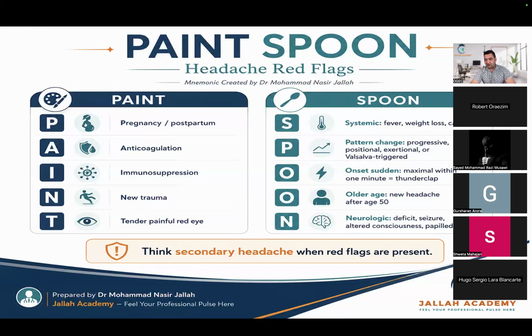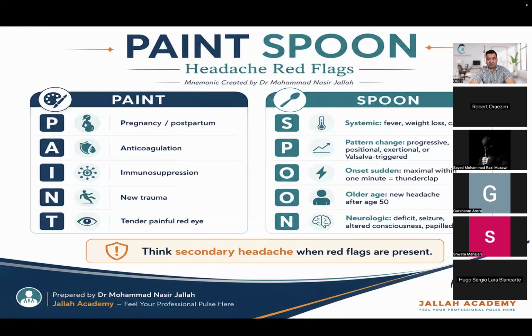O stands for onset sudden. If it happens suddenly and the patient tells you that it felt like a thunderclap and it feels like the worst headache of my life, red flag. Older age: if your patient has a headache and is older than age 50.